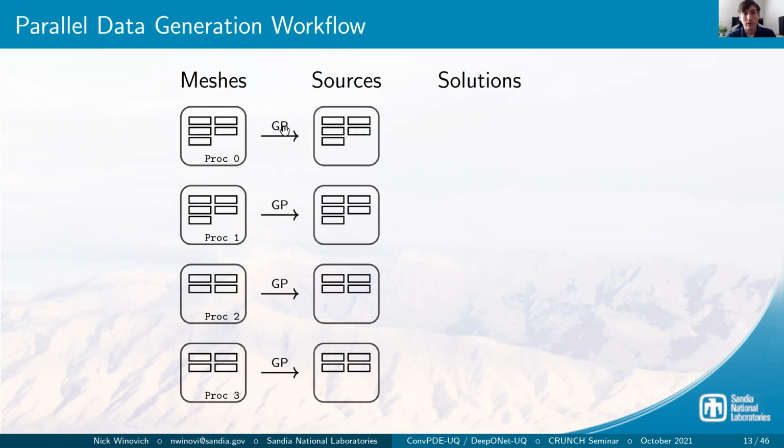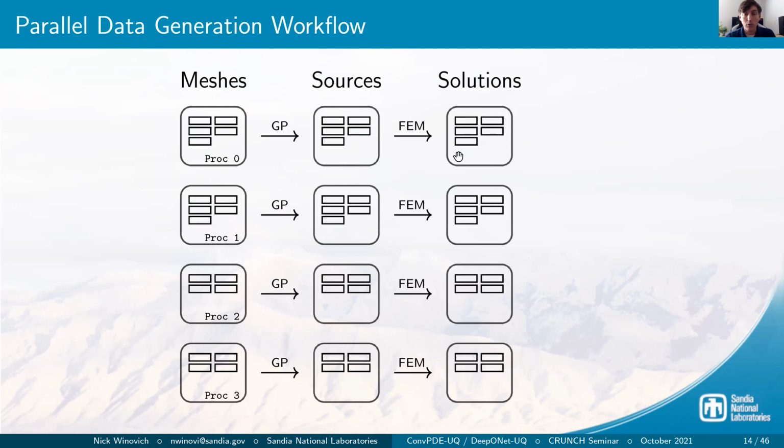Based on that, you can use a GP method, so something like a Cholesky factor multiplied by a vector of unit normal variables to get these source terms, but then it's also important to project that onto the mesh. So there's this kind of dependency. You have to project that onto the mesh and then compute your solutions using something like Phoenix.